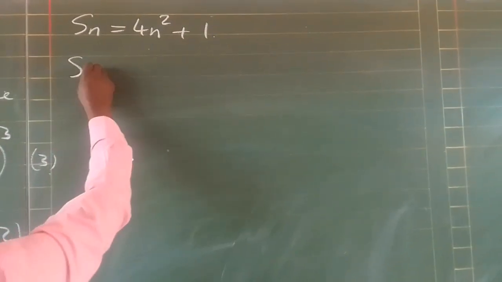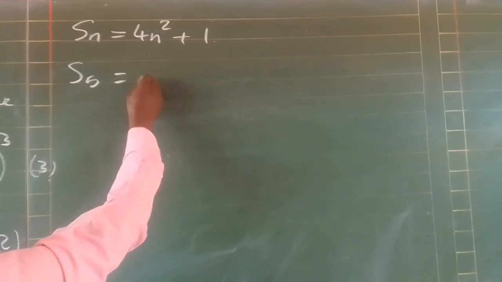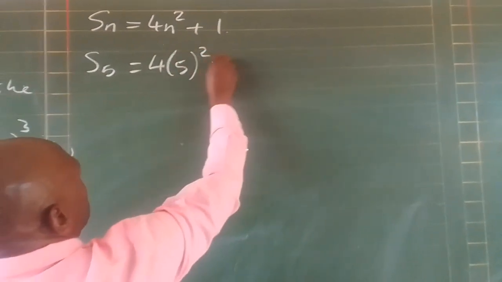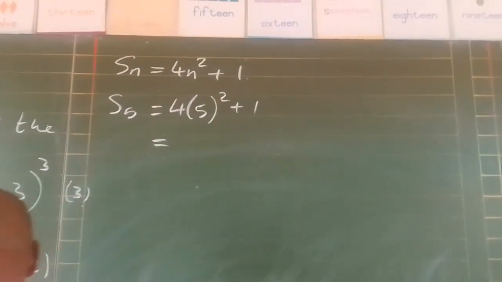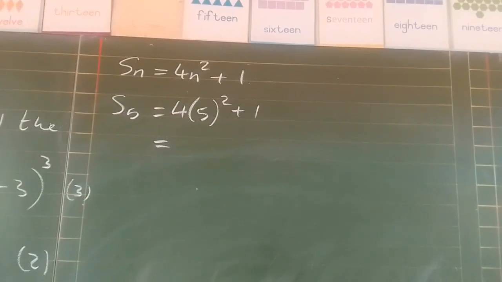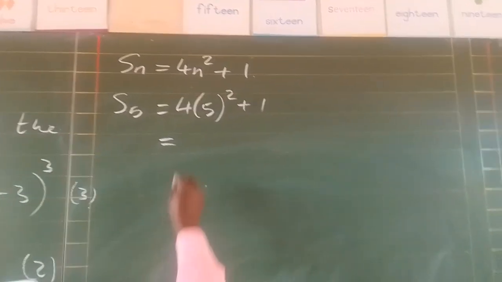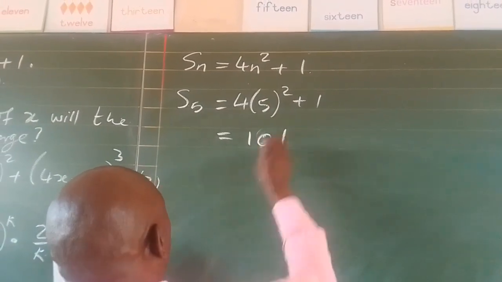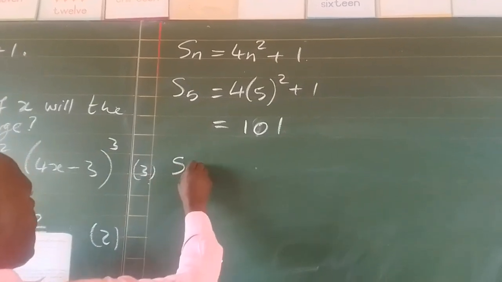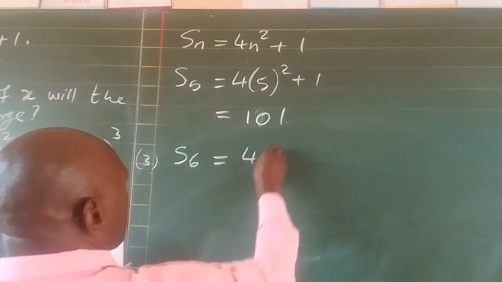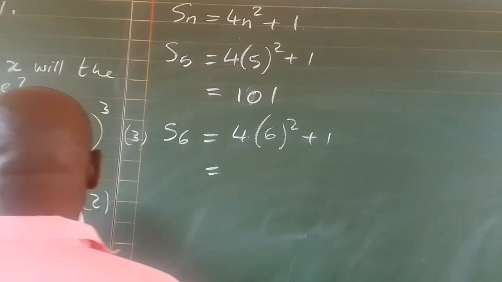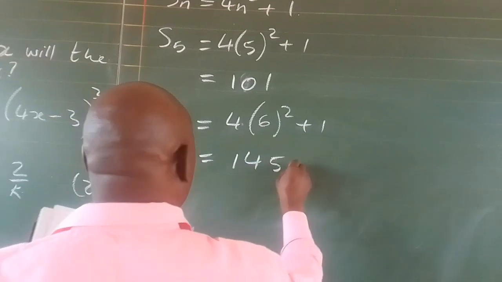S5 is equal to 4 times 5 squared plus 1, which is going to be 101. You go and do S6, you're going to get 4 times 6 squared plus 1, which is 145.